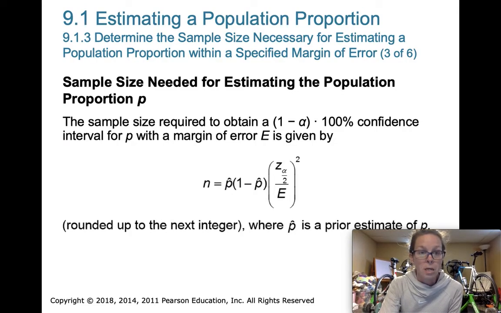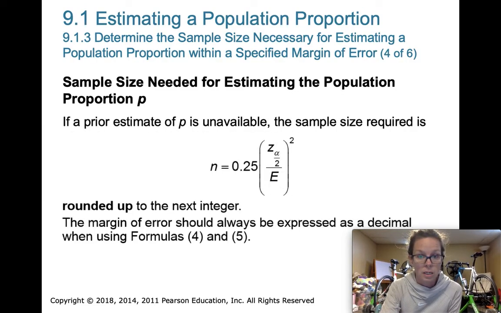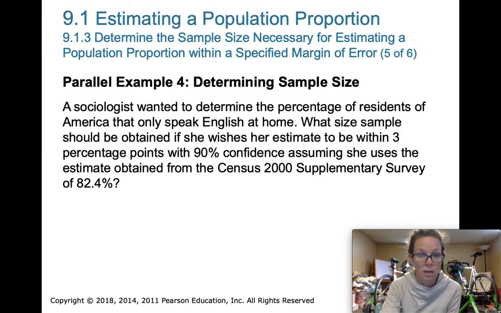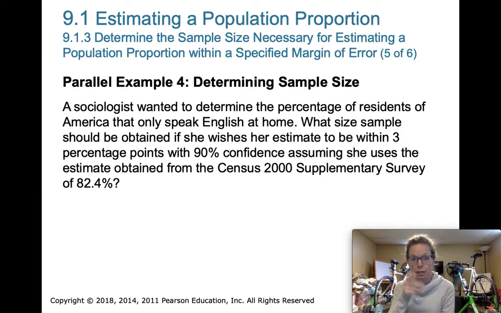So let's look at our example. Here we go, because we're not going to do it with those formulas. We'll use StatCrunch. A sociologist wanted to determine the percentage of residents of America that speak only English at home. What sample size should be obtained if she wishes her estimate to be within 3 percentage points?